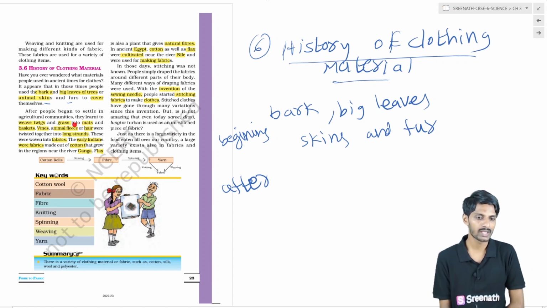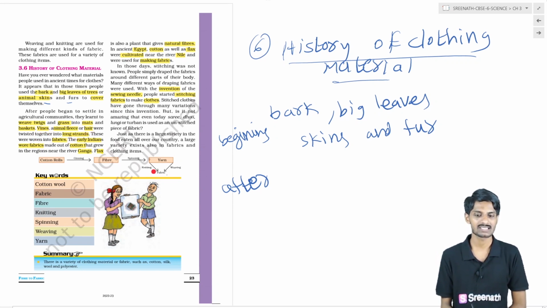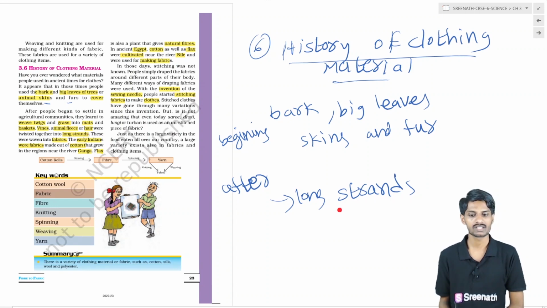They learned how to make mats using grass, and baskets also. After that, vines and animal fleece or hair were twisted together into long strands. These long strands were then woven into fabrics. They developed like this.